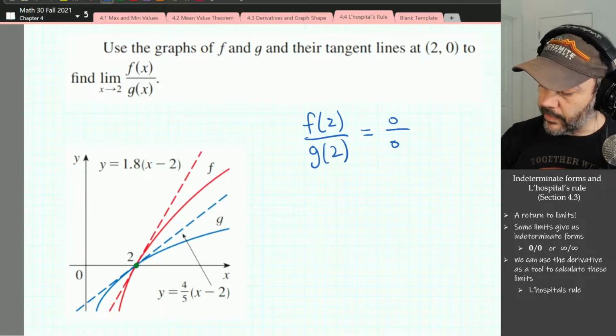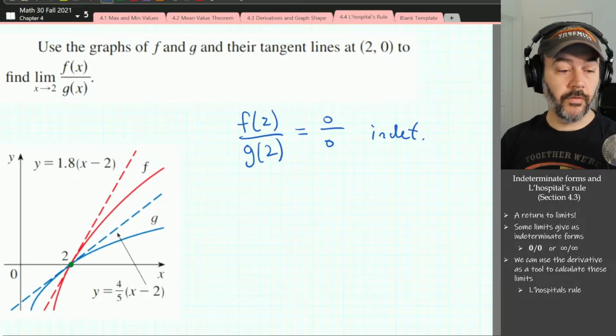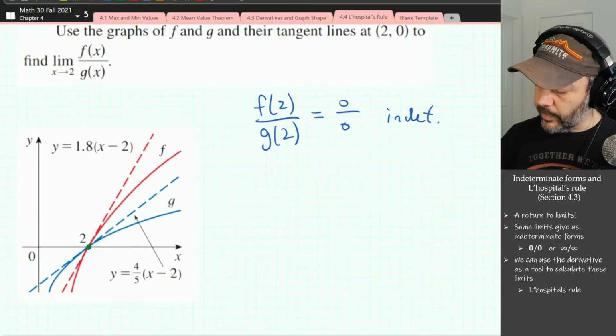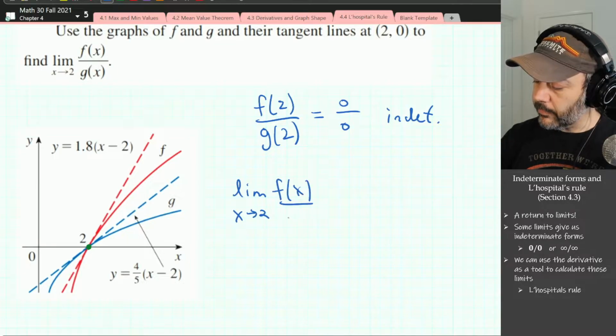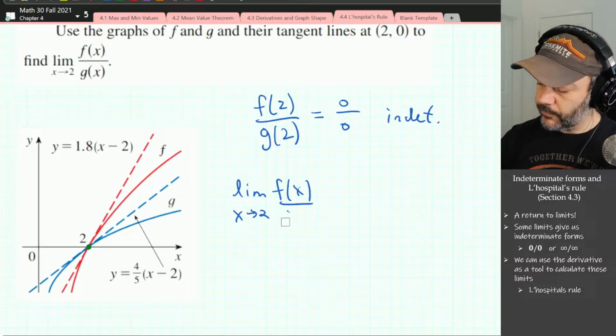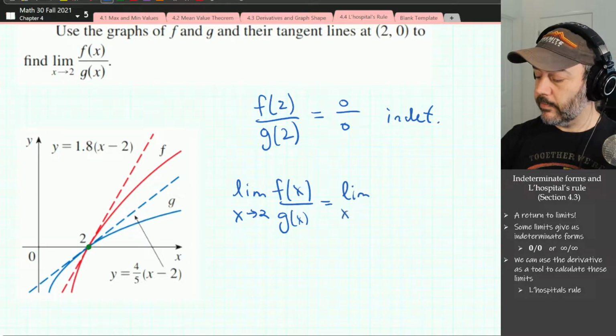So what we get is an indeterminate form of type 0 over 0. So what we can do is, instead of evaluating this limit, we can evaluate the limit of the derivatives.